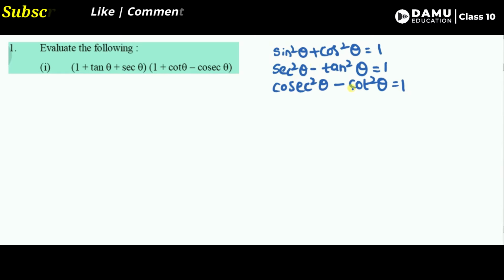For sine and cos we get plus, and for the remaining two we get minus, with tan and cot in the second position.